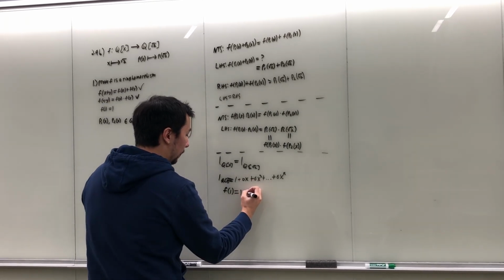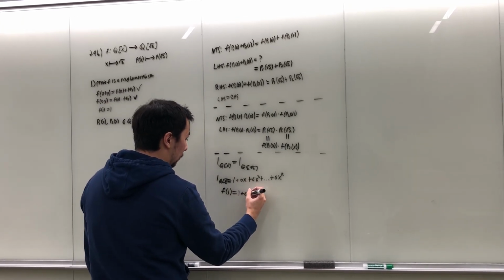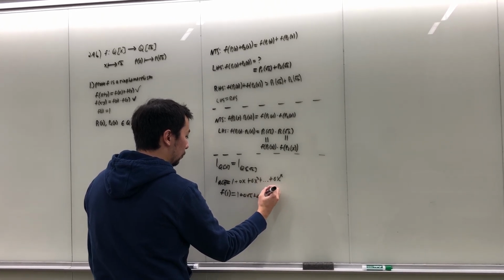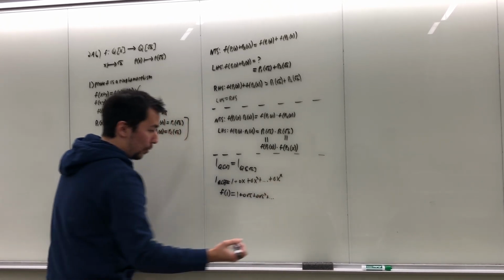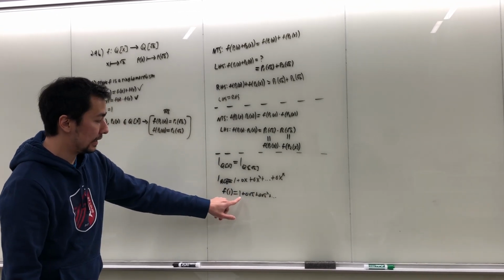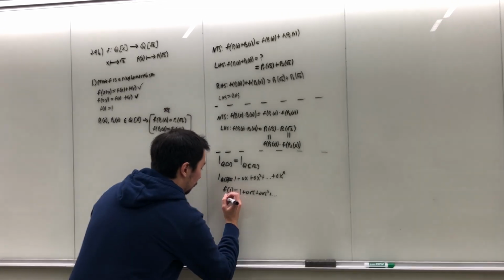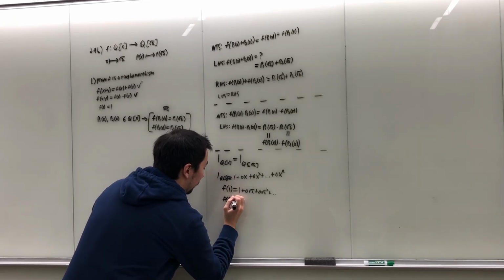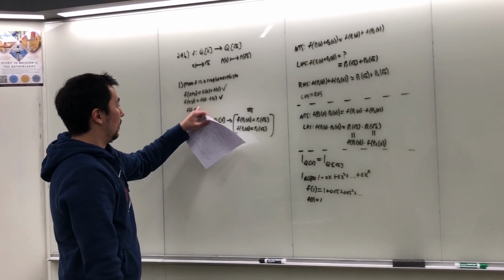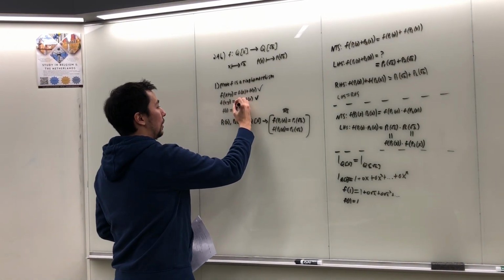And we'll see that if we change this x, we get 0 times square root of 2 plus 0 times square root of 2 squared, and so on. So you see that all these are still going to be times 0. So we see that f of 1 is equal to 1, which shows us that the identity maps to the identity. So we've now proved that this condition holds as well.